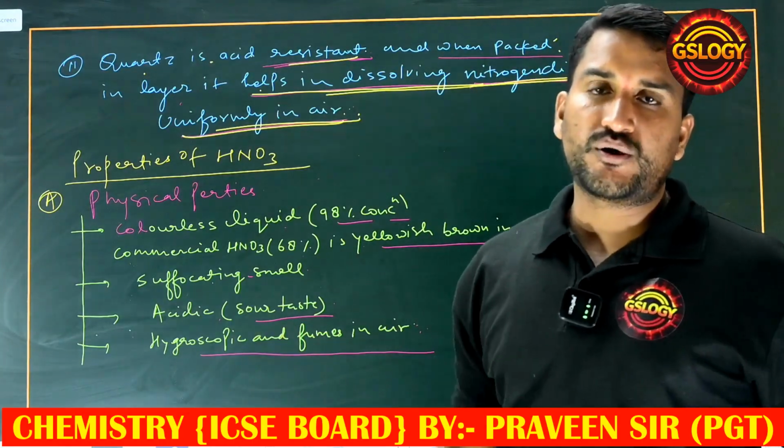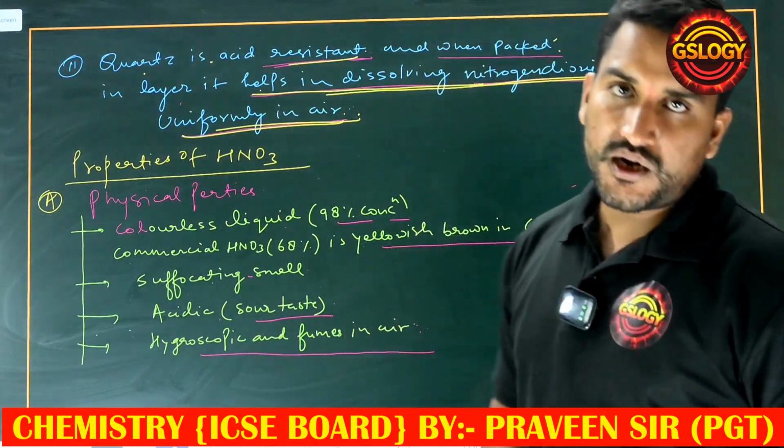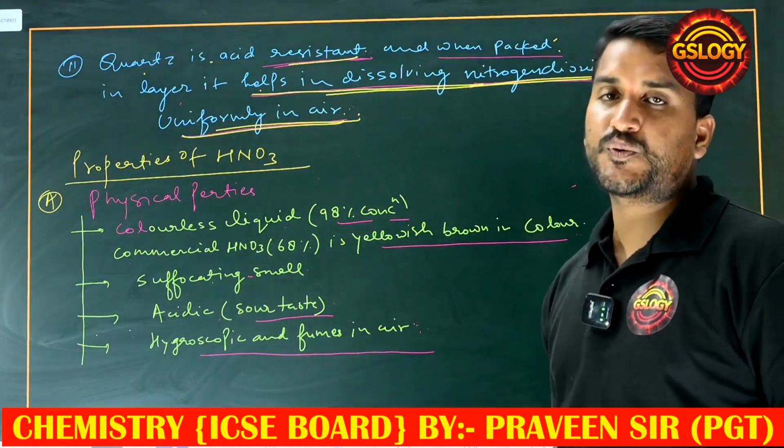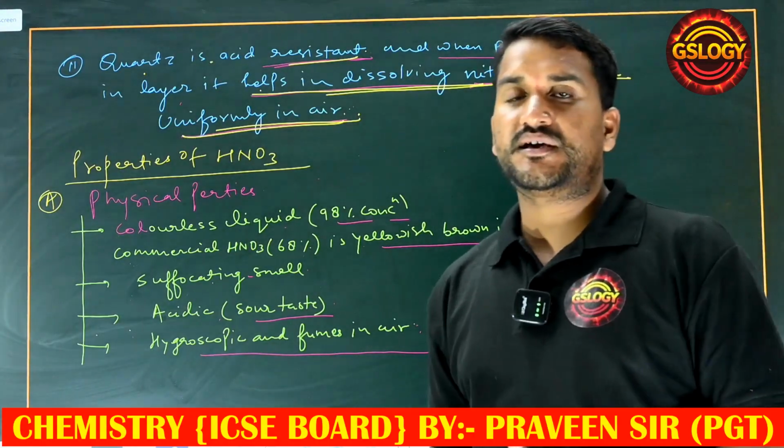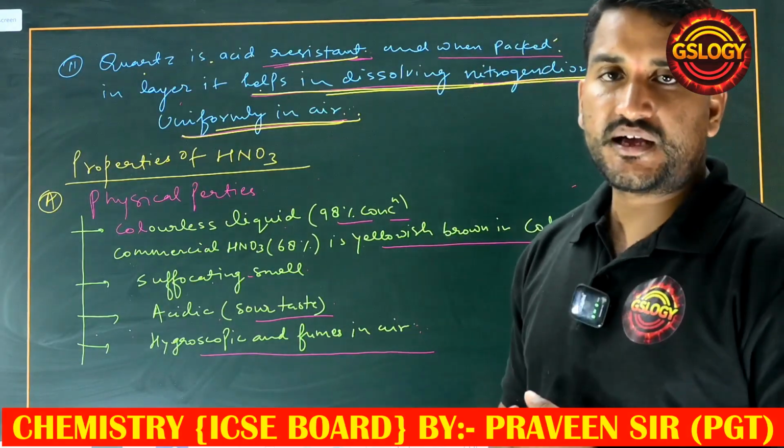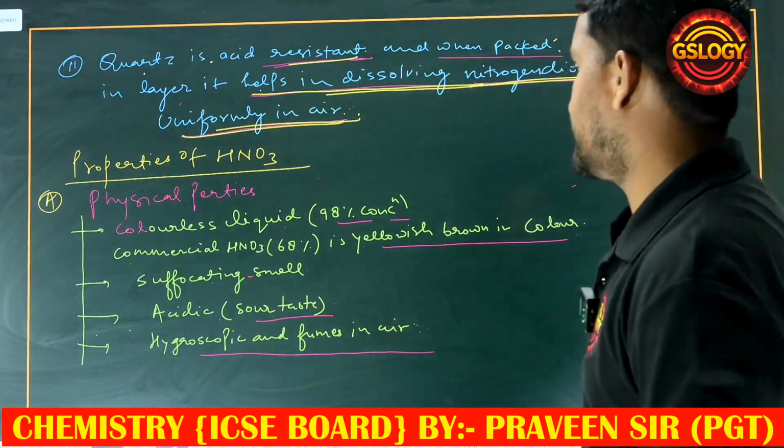So in the manufacturing of nitric acid, always take the higher ratio of air. So that is all about the Ostwald process, by which you can manufacture or produce nitric acid.